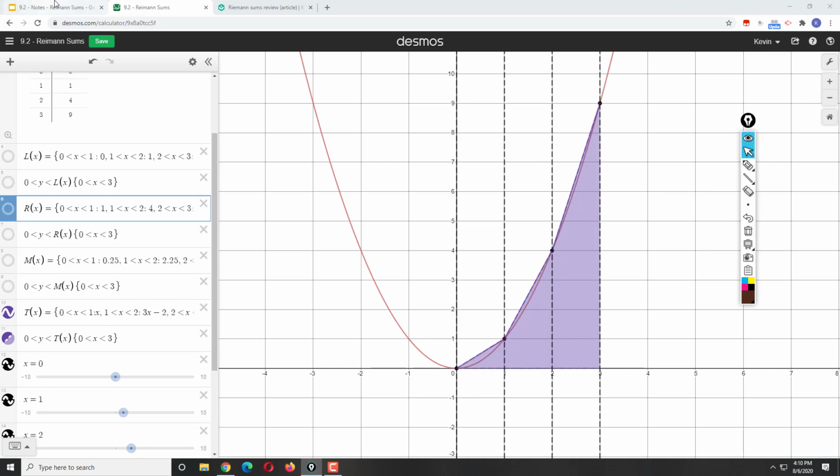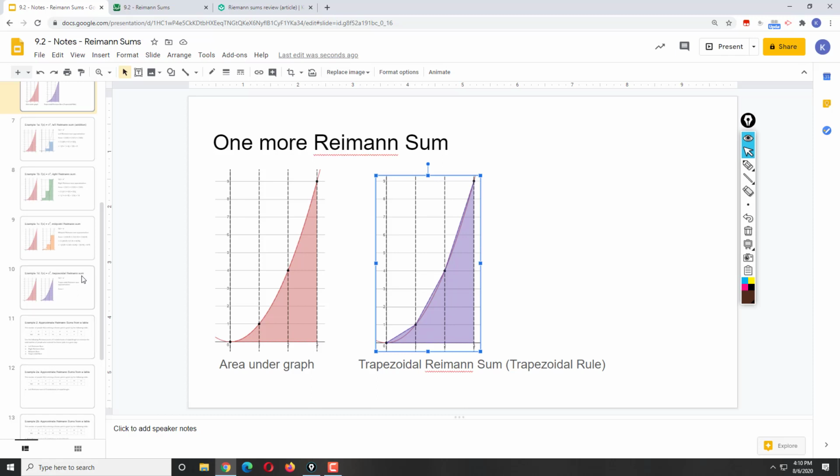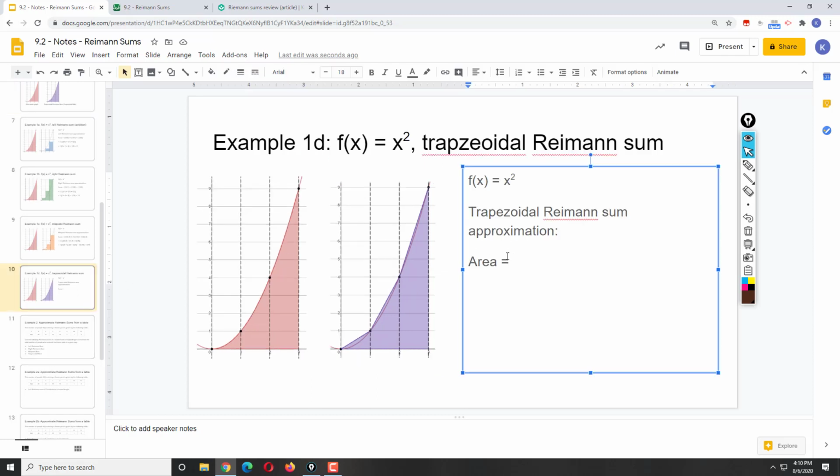So to use our trapezoidal sum, we have the area of three trapezoids, right? I'm going to call them trapezoid 1 plus trapezoid 2 plus trapezoid 3. Trapezoid 1, well, it's going to be 1/2 times the base.